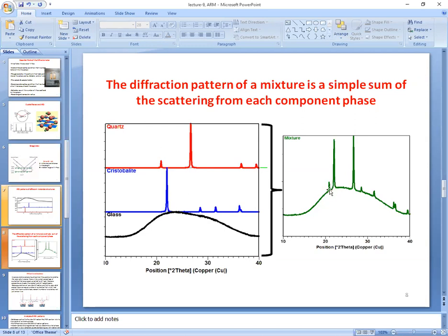If you consider this peak and this one peak, this is from the quartz, while this peak and this one are from the cristobalite, and the hump is from the glass. Then you just label and mark them as A, B, C. All the A peaks are for the quartz, the B peaks are for the cristobalite, and for C, there are no peaks in the glass, so there is no need to label peaks for the glass.